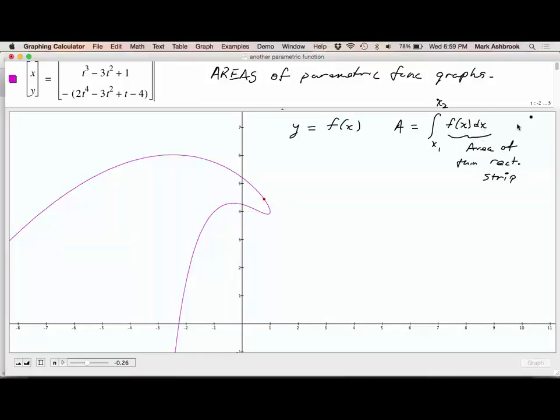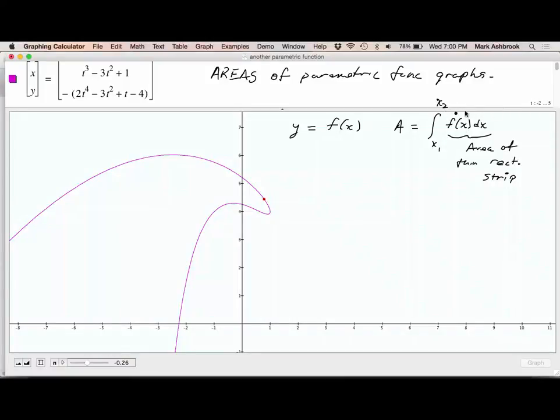The dx is not just notation with respect to x. It's part of the math, right? The height of the strip was the function value. The width of the strip was dx. And so that's the area of a rectangle, height times width. Okay, and then we added all those up starting at x1, ending at x2.